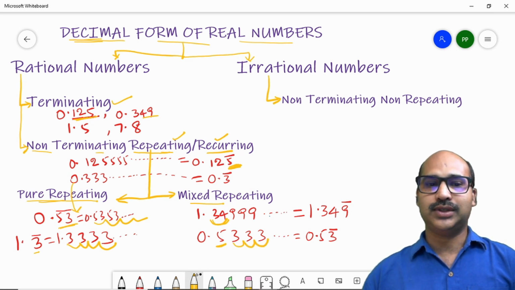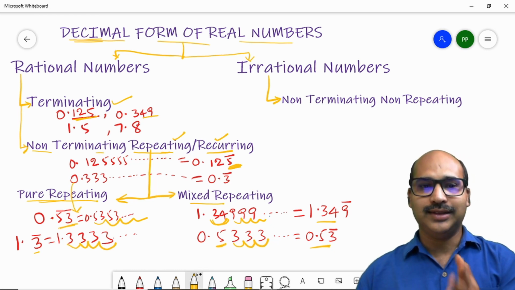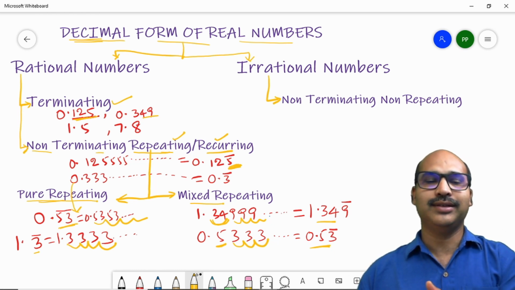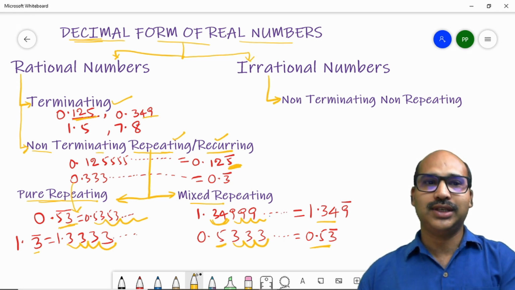Here 3, 4 is not repeated, then 9 is continuously repeated. So after the decimal, at least one digit is not repeated, then the remaining digits are repeated. That is called mixed repeating. And after the decimal, if all the digits are continuously repeating, then that is called pure repeating.